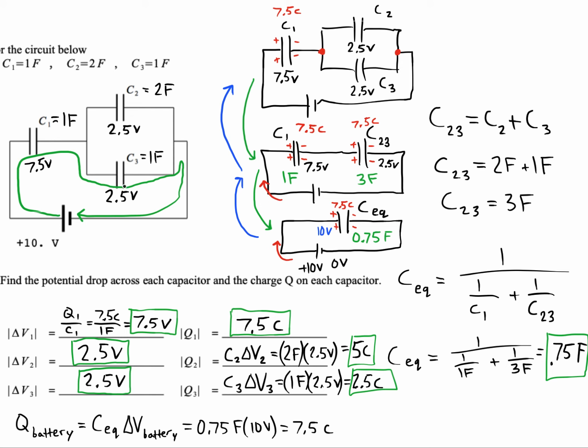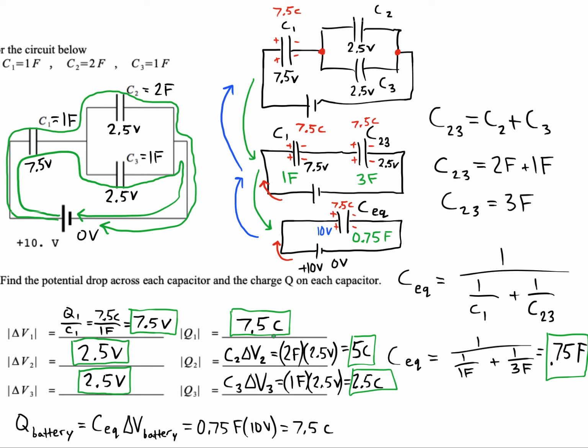I dropped 2.5 volts in the C3, and then I come back to the negative terminal. So that one checks. All right, we also want to see if we take the alternate path here, the upper path. Okay, do I drop 10 volts in that path? 7.5 through the first capacitor and 2.5 through C2. So yes, in both paths I dropped 10 volts, which is good.